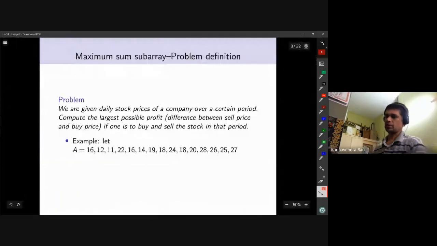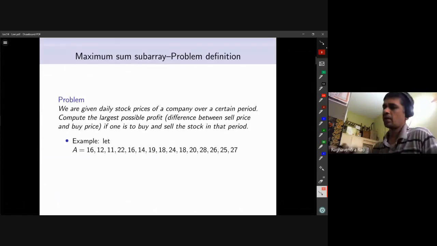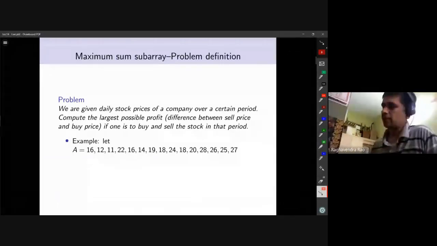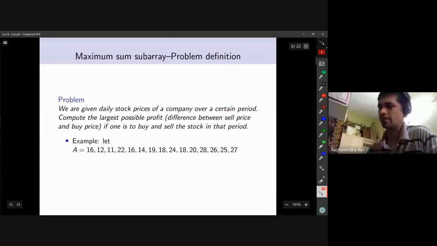So let's quickly start with the definition of the problem. We'll go over it once again. We defined it yesterday. Suppose we are given daily stock prices of a company, some target company, over a certain period, maybe 30 days or 50 days, some n number of days. Suppose we are going to buy and sell the stock in that period, but we haven't decided which day.